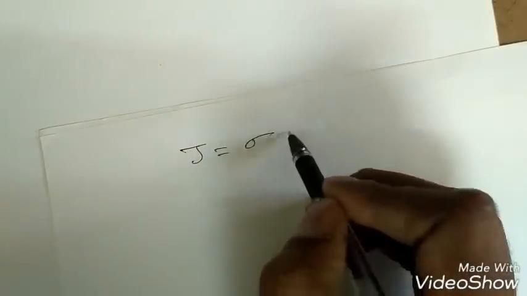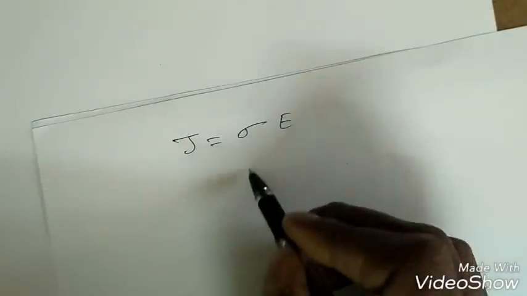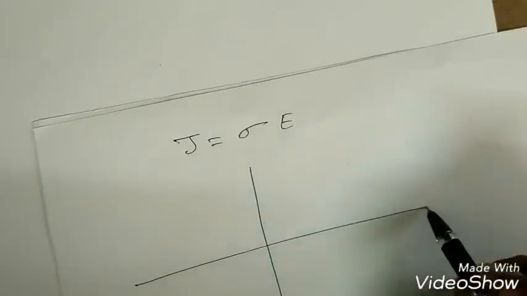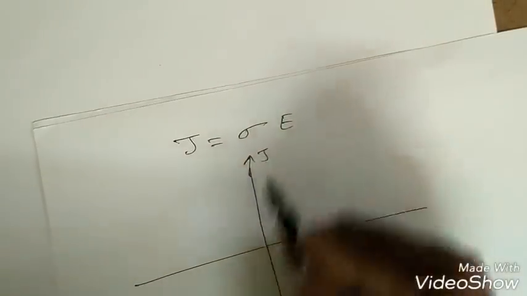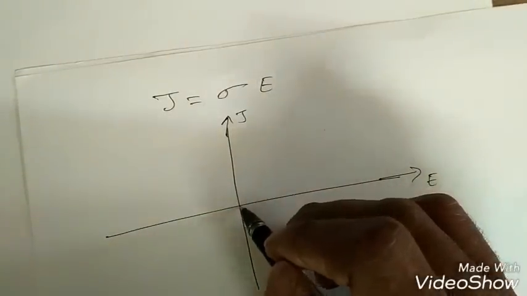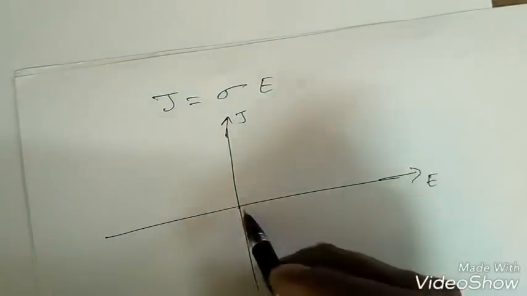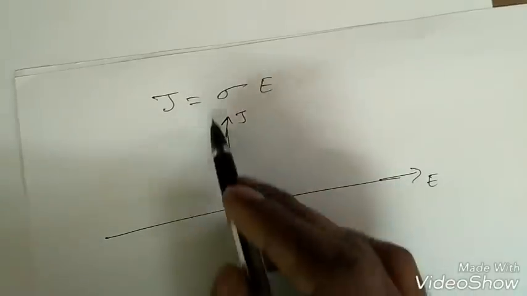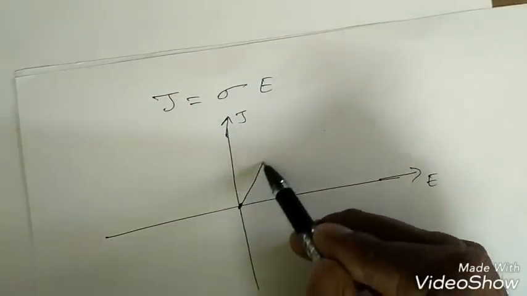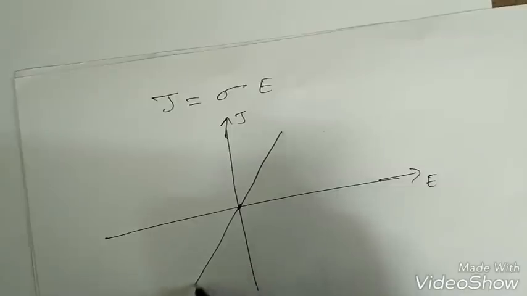Now we have to come back to Ohm's law. What is Ohm's law in field theory? J is equal to sigma E. Now if I draw the J-E characteristics, suppose J is here and E is here. At electric field 0, the current density should also be 0, so it passes through the origin.